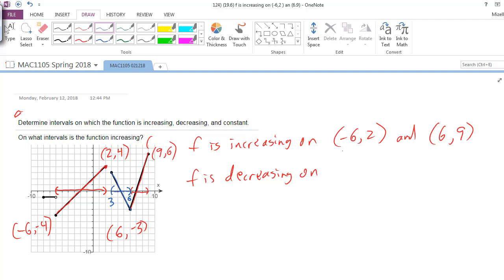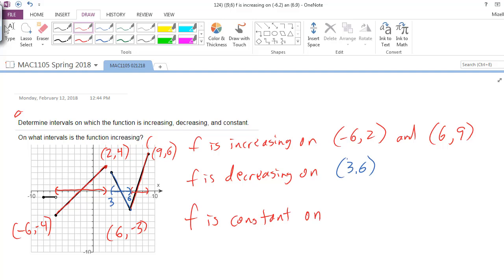Let's see, what if I could, well, I wanted to select that. Come on. You won't let me do that. On the interval from 3 to 6, and f is constant. I'll go back to red there. F is constant.